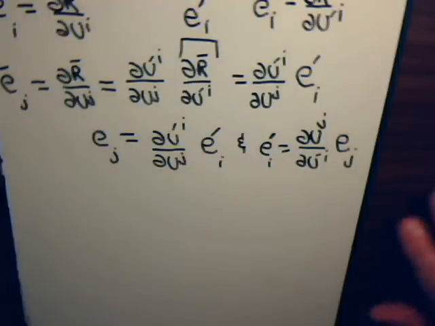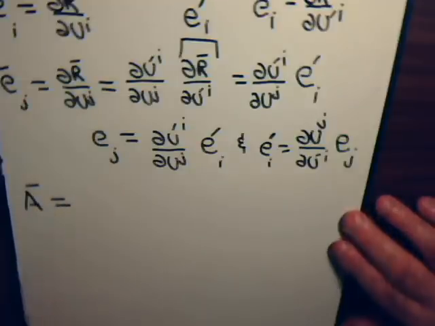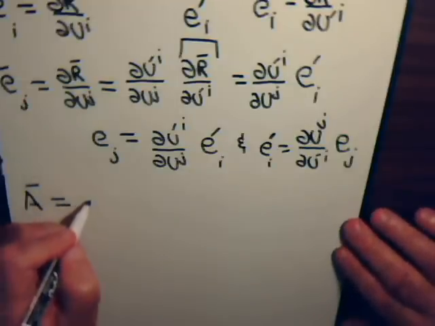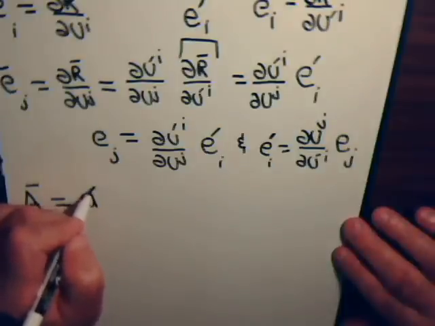Okay, now we had written, if we had a vector A, then that could be written simply like this.